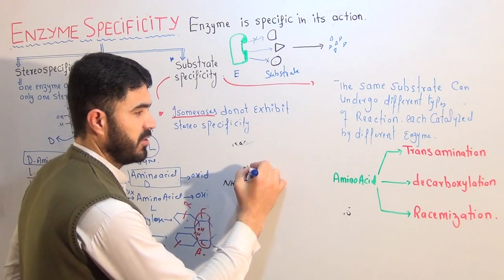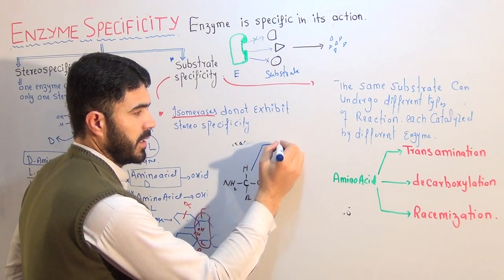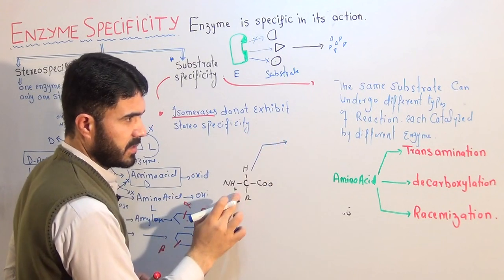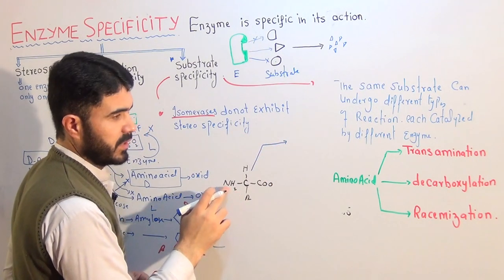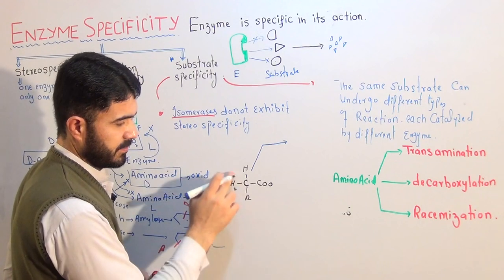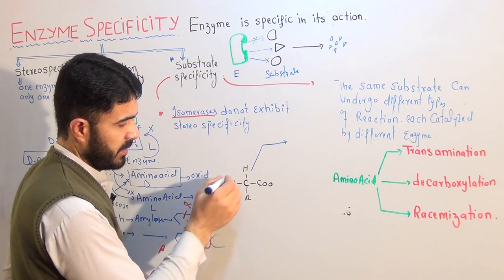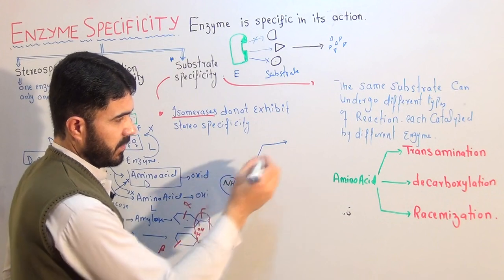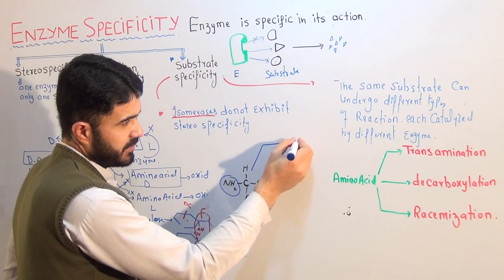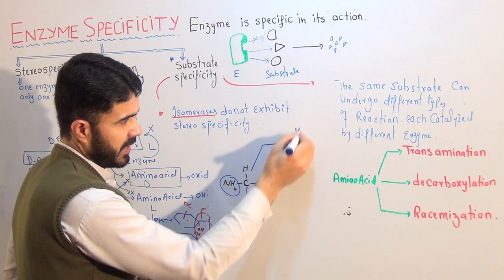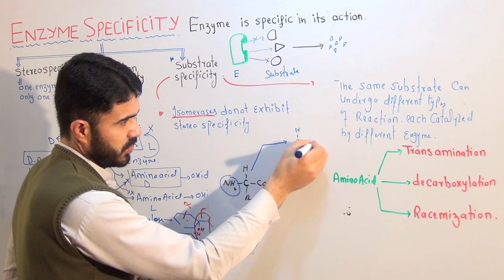For example, reaction number 1: if we remove this amino group, what will be left here? Carbon. We will be having H and R and COO.